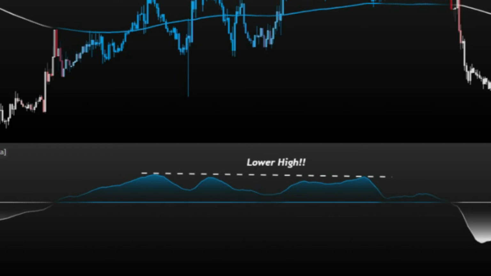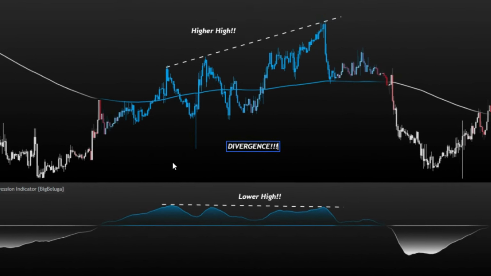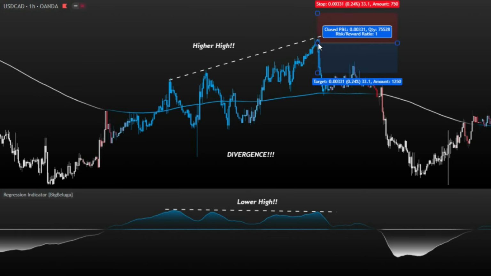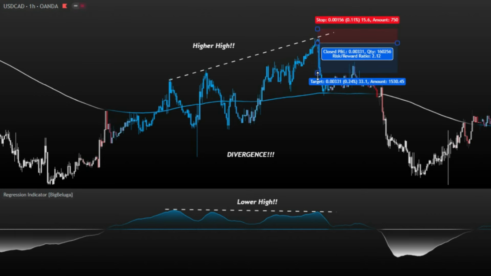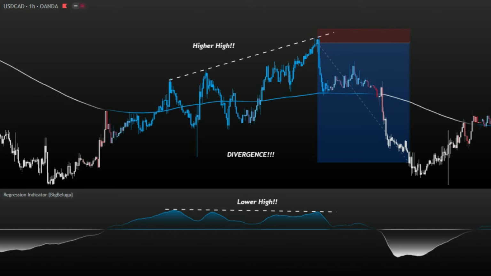This contradiction isn't just random. It's a signal that the current trend is weakening and that reversal could be near. This is exactly what we call divergence. Divergence is one of the most important reversal signals out there, and the best part is, it works across any chart and any time frame, giving us opportunities to catch reversal trades with confidence.